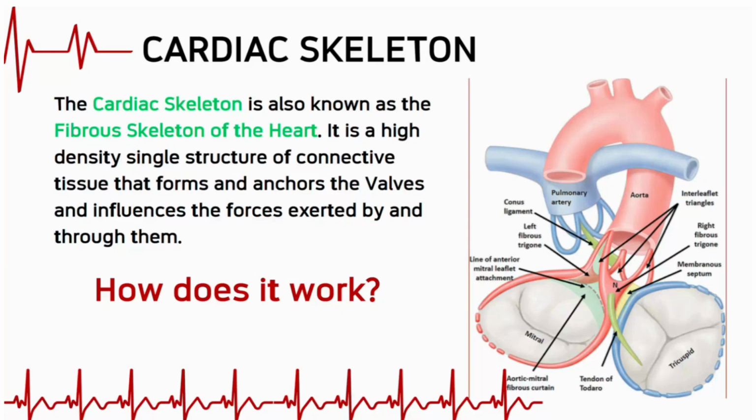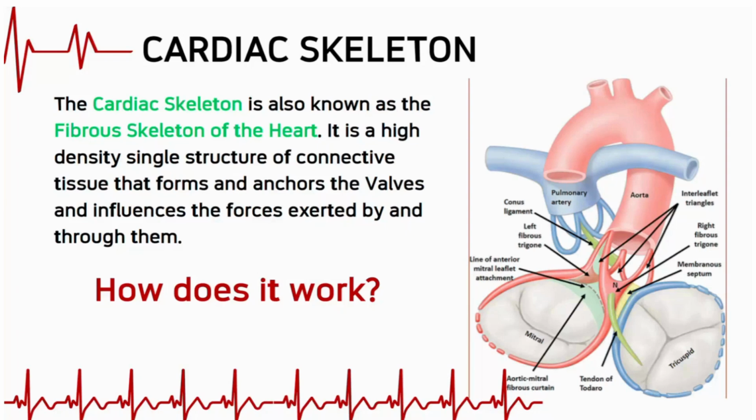And you may have heard of calcifications of the valve. The calcification actually happens on the skeleton of the heart. For example, in aortic stenosis, one of the key risk factors is calcification of the valve, and the calcification is actually of the skeleton that overlies the aortic valve.